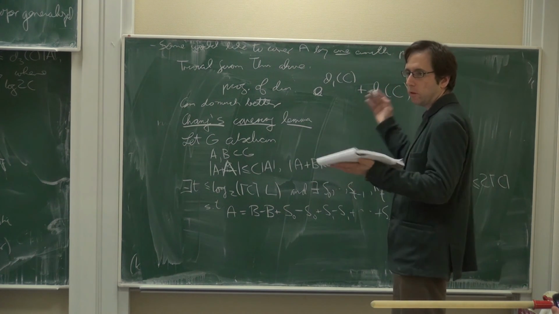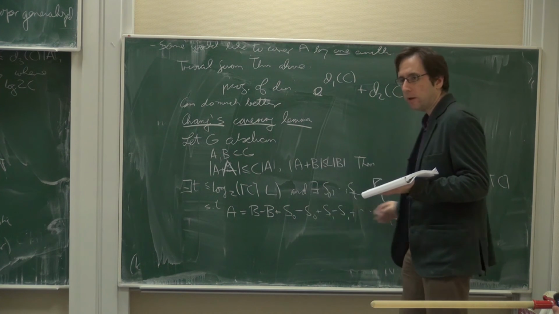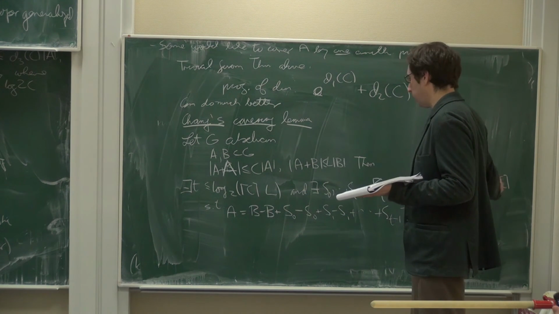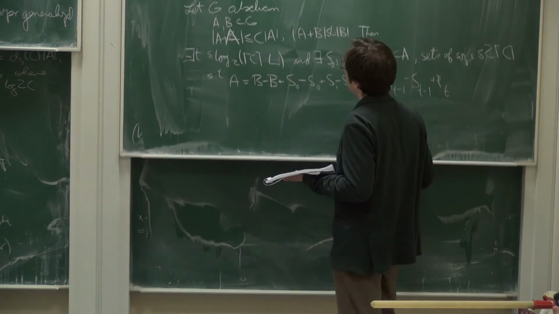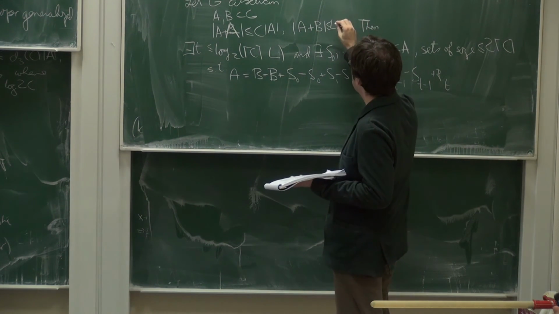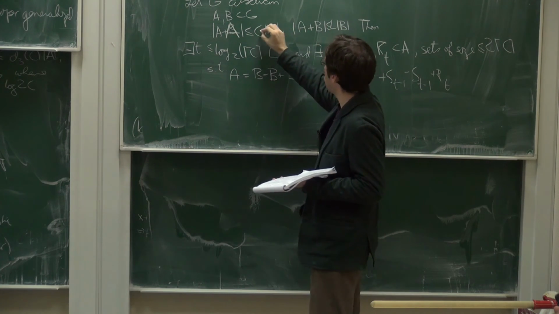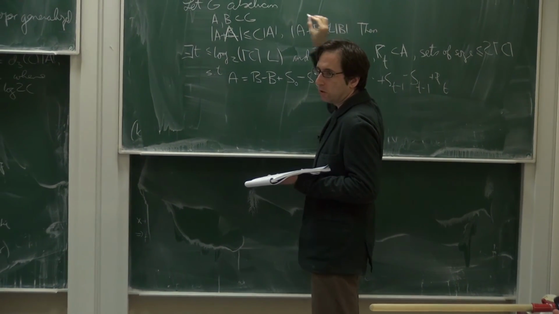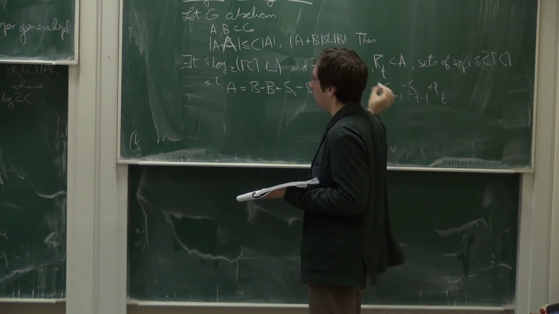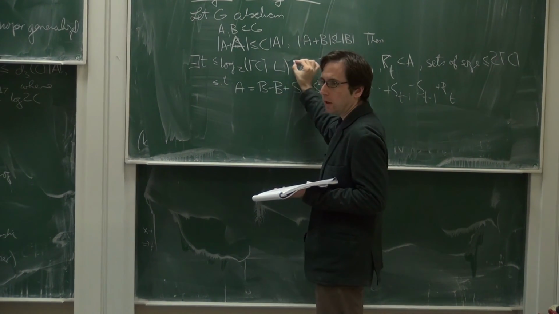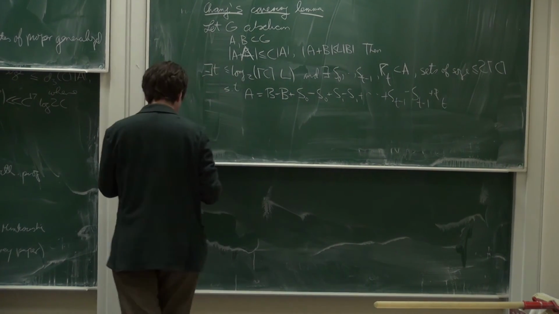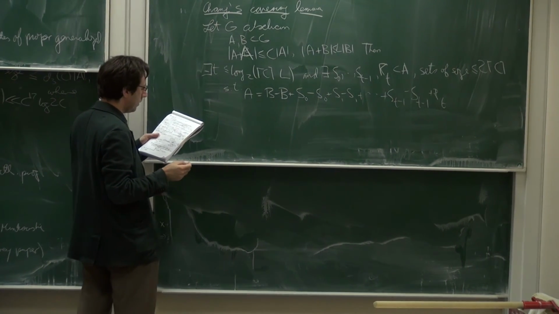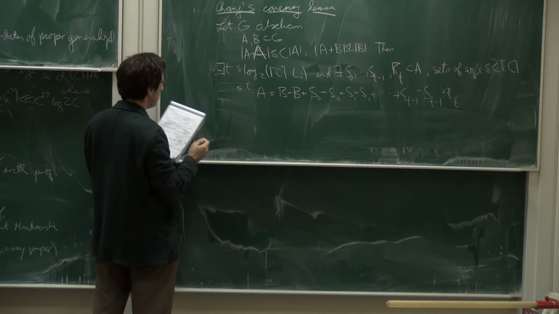So given some set, it's a linear combination of really small sets. And this is useful because what happens if C is small but L is really large? The results from Ruzsa's covering lemma would be very large. But here the dependence on L is only logarithmic. So we're fine.